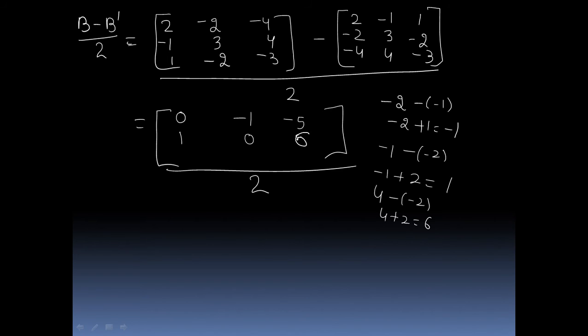Next 1 minus minus 4 is 5. Now, oh sorry, we have minus 2 minus 4, that is minus 6, and minus 3 minus minus 3 is 0.